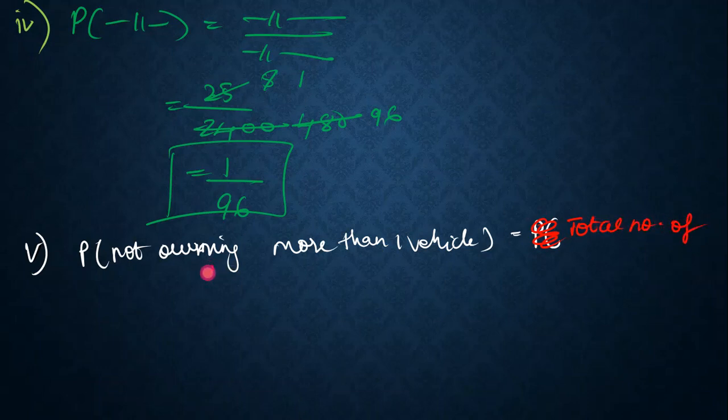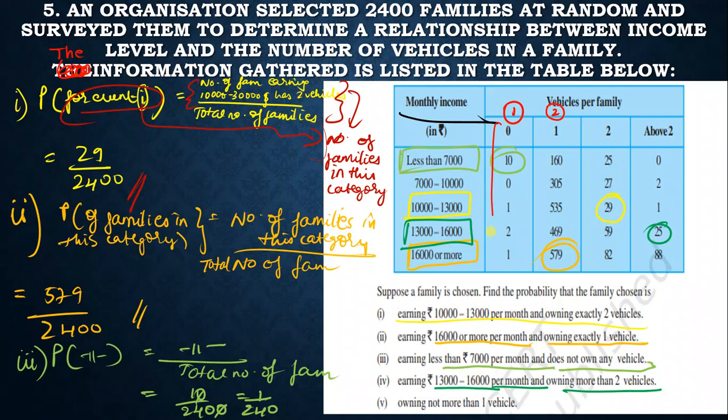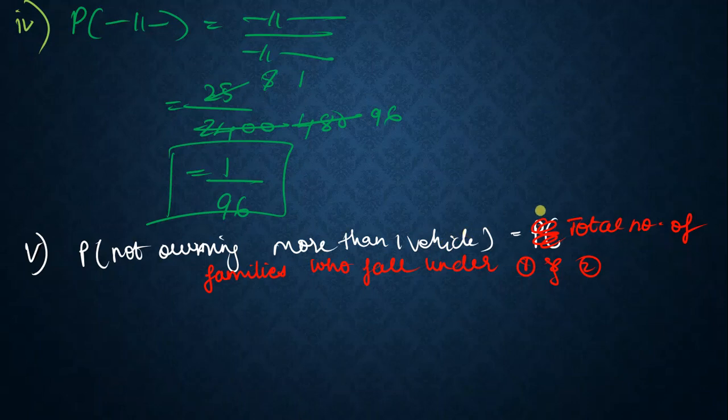So that means this will be the total number of families who fall under 1 and 2. What is 1 and 2? This whole section, this is 1 and this is 2, I'm saying.